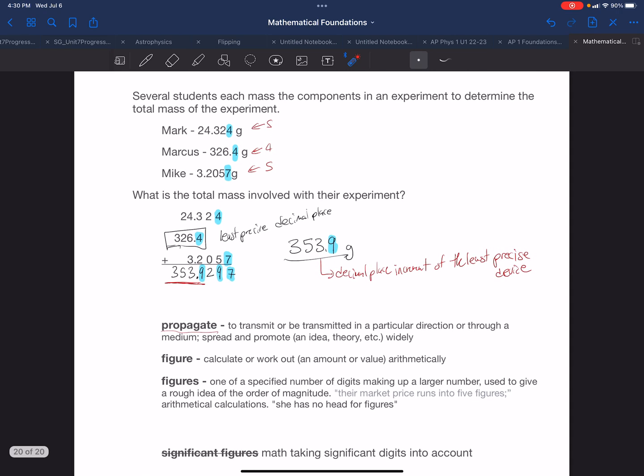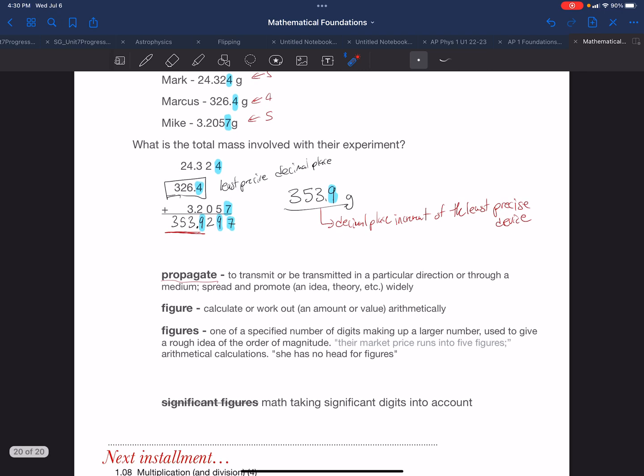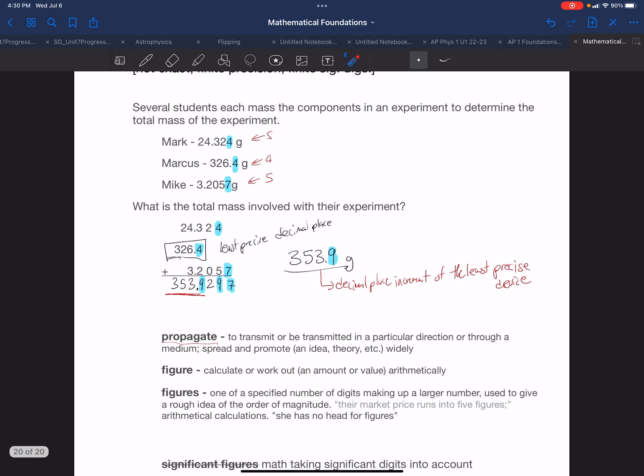Sometimes people will say a measurement has 5 significant figures. It's actually very common for people to refer to it that way, but it is incorrect. The root of that is that the word figure, to figure, means to calculate or work out arithmetically. A figure is something that's arrived at by calculating. So a measurement isn't really something that would be a figure.